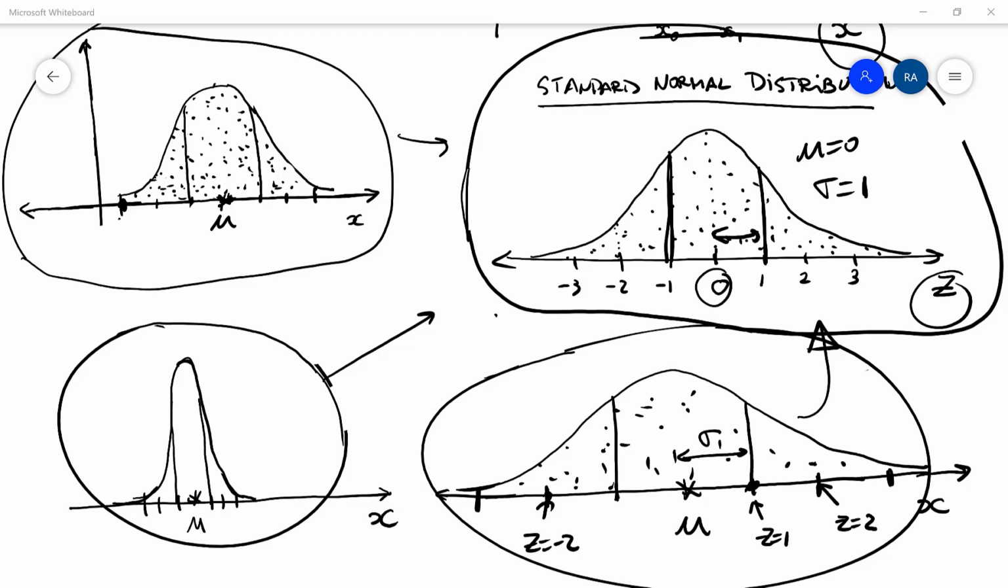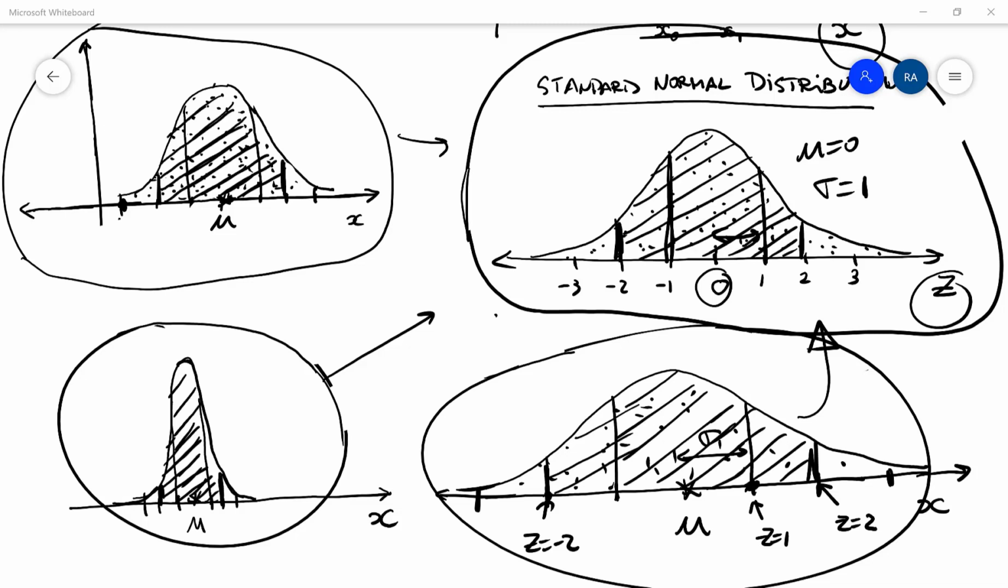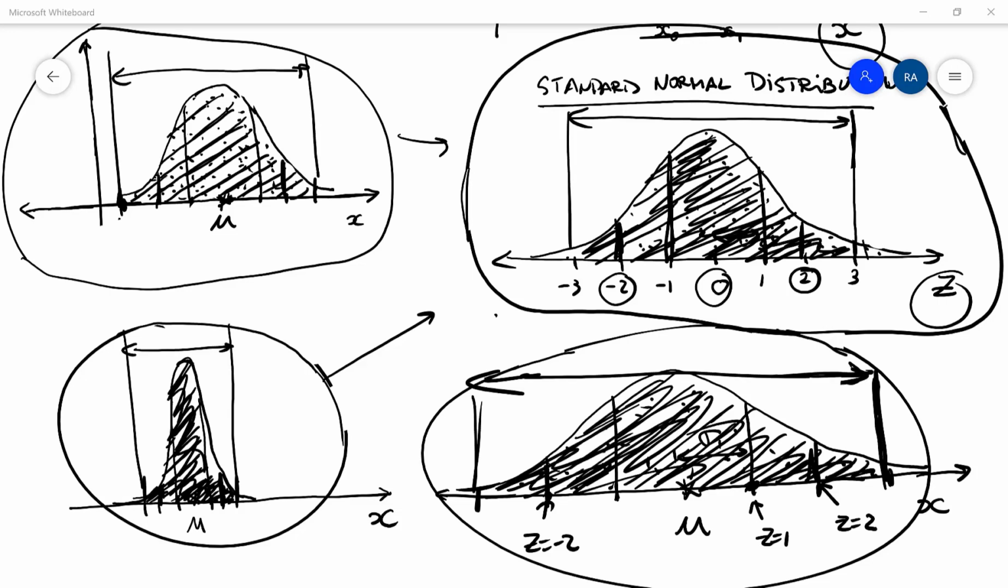In other words, 68% of the population have a z-score between -1 and 1. 95% of the population have a z-score between -2 and 2. And 99.7% of the population have a z-score between -3 and 3 standard deviations.